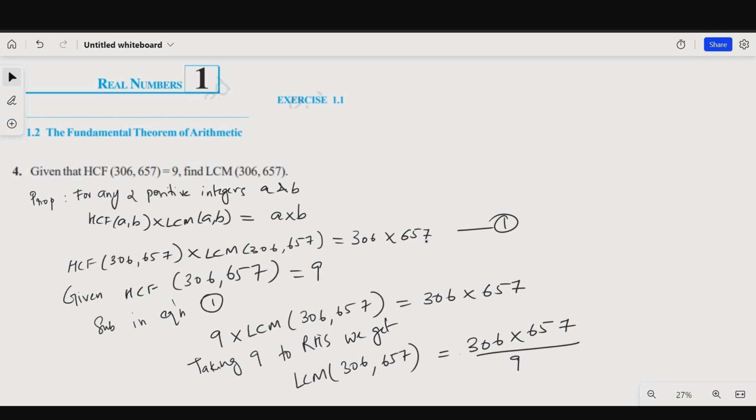So 9 we can divide 306, 9 how many times? 9 3s are 27, again 3, 9 4s are, okay, 34. So it is 34 into 657, which is equal to 22338. So the LCM of 306, 657 is equal to 22338.